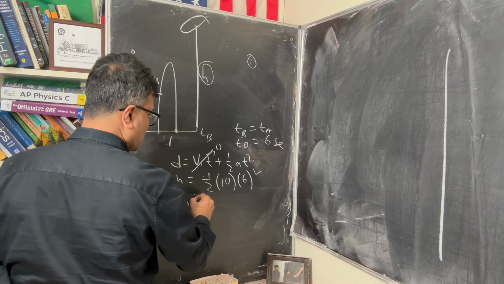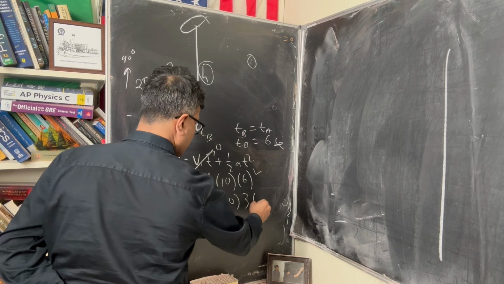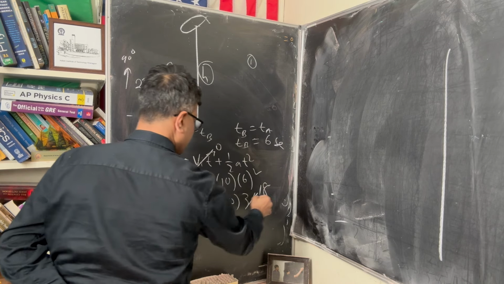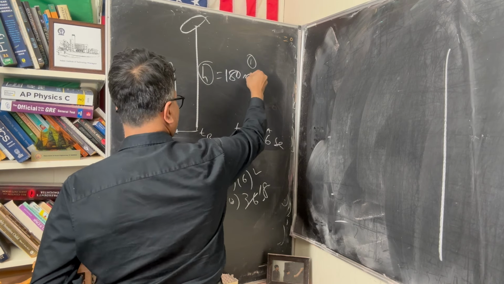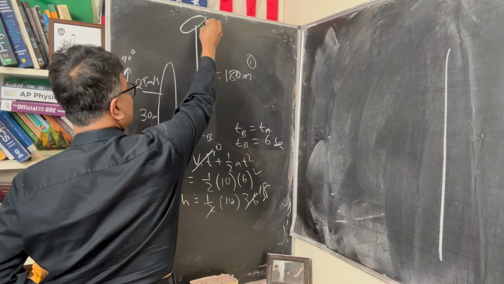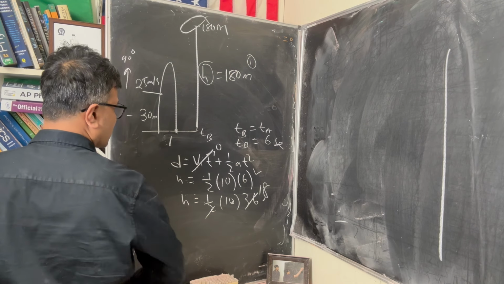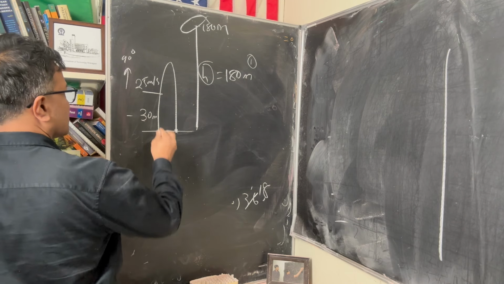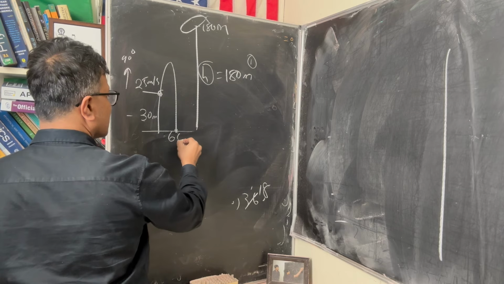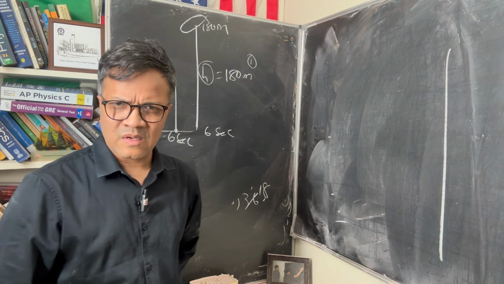So height is equal to what? Half, 10, 36, 18. 18 times 10, 180. So height must be 180. If you drop this one from 180 meters above the ground, they both will touch the ground at exactly 6 seconds. This one will touch the ground at 6 seconds, this one will touch the ground at 6 seconds. That is problem number 1.